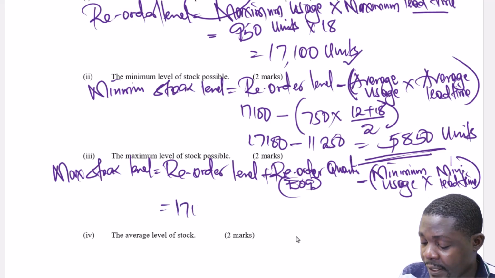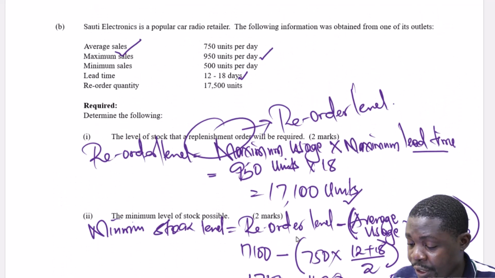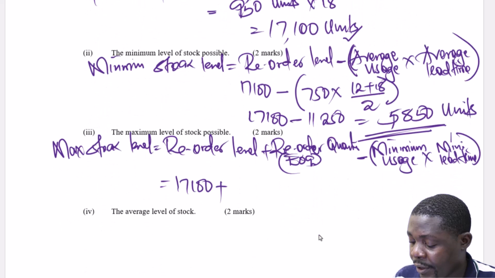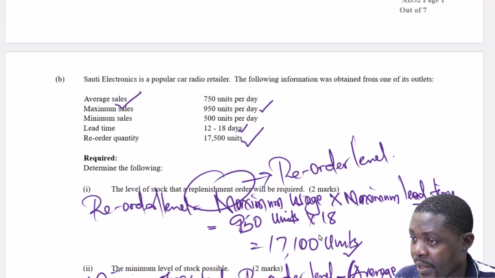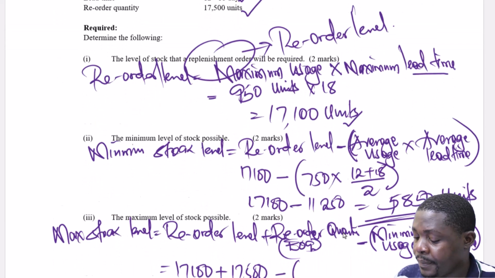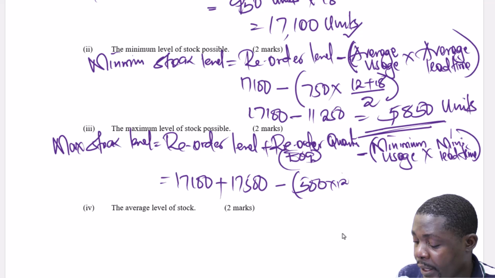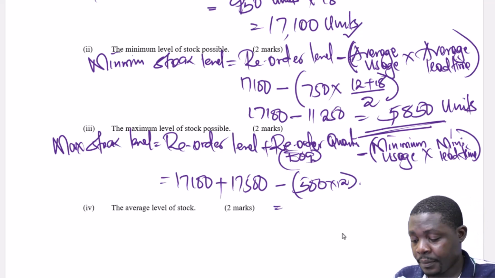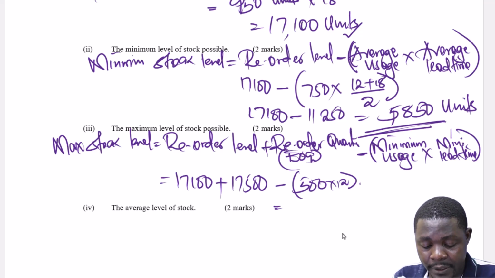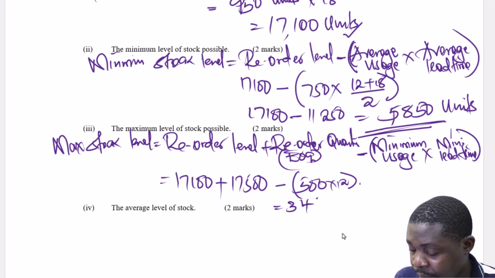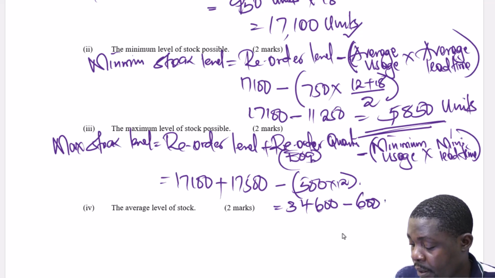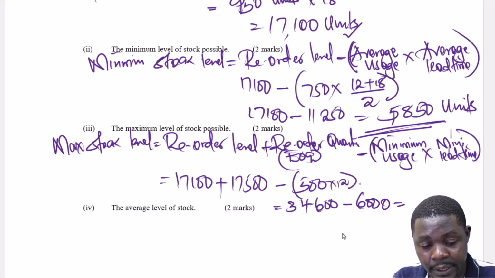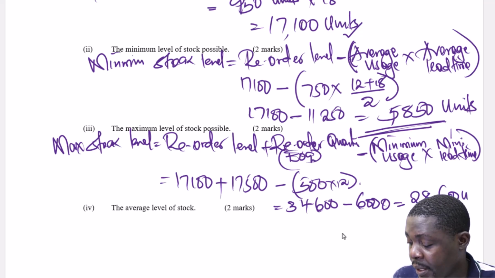Therefore, we take 17,100 and add the reorder quantity, 17,500, minus minimum usage, 500, multiplied by 12. 17,100 plus 17,500 gives 34,600, minus 500 by 12, you get 6,000. 34,600 minus the answer, you get 28,600 units.